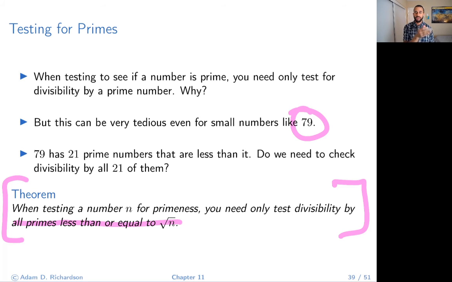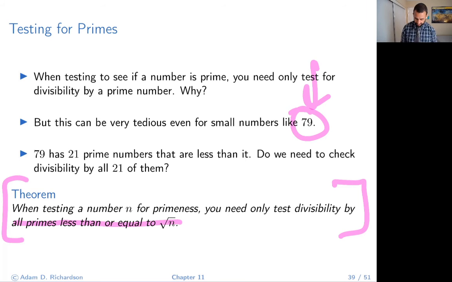We just have to do all the primes up to the square root of 79, which is really handy, because the square root of 79, let's see, what's the nearest square? 81 is 9 times 9. So we only need to test primes up to 9 if we wanted to be safe. And that's easy, right? How many primes are there before 9? 2, 3, 5, 7. So you test those 4 prime numbers, and that'll tell you if 79 is prime or not.